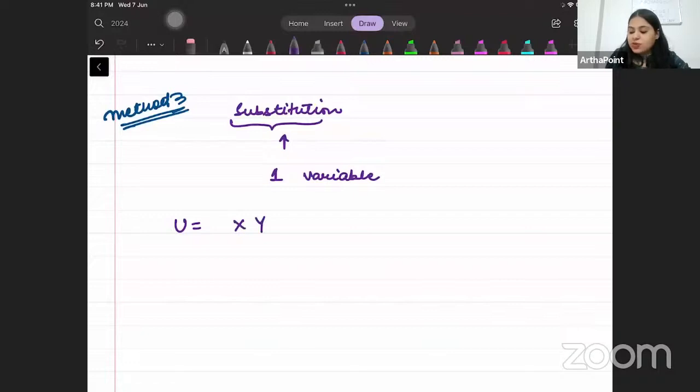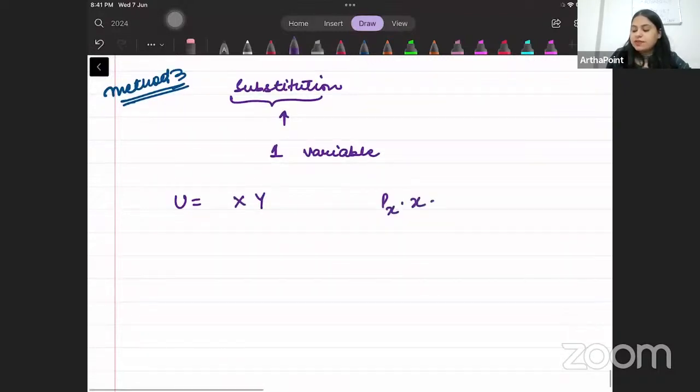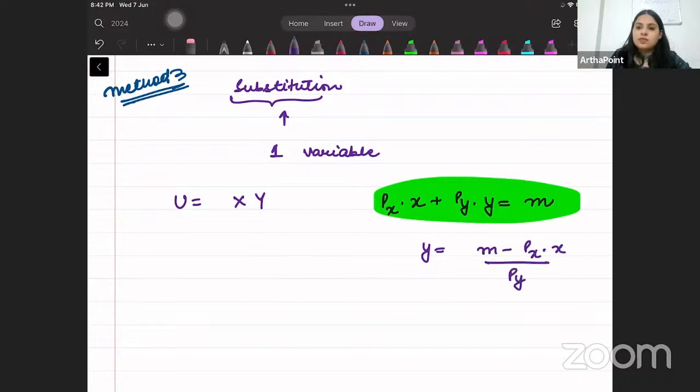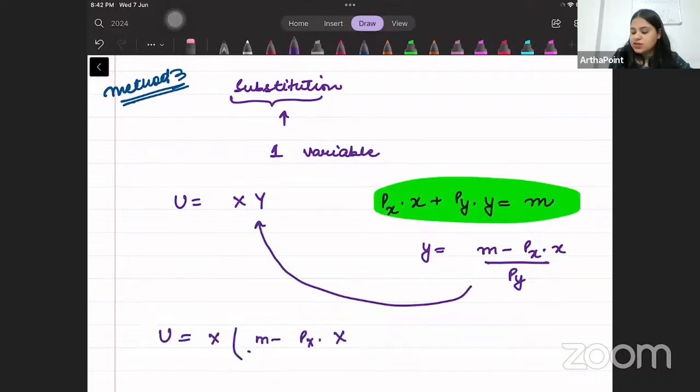And your budget line was px into x plus py into y is equal to m. From here, you can find the value of y. y will be m minus px into x by py. You can put the value of y here.